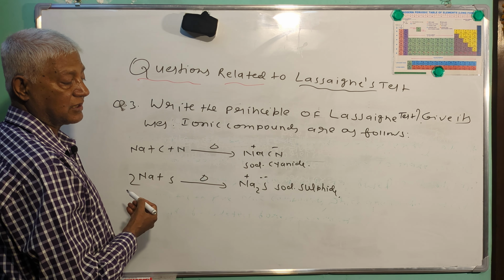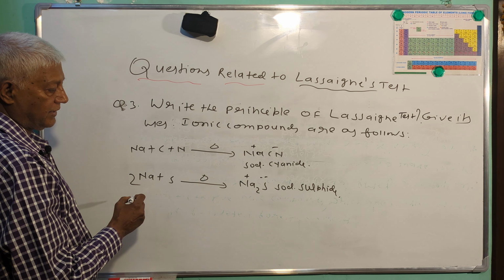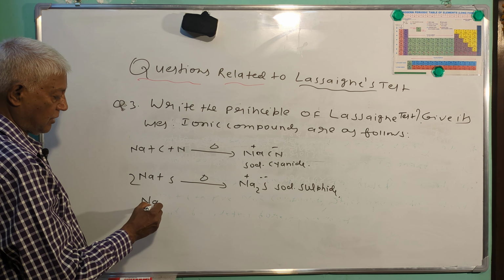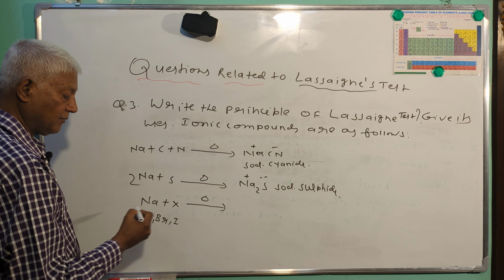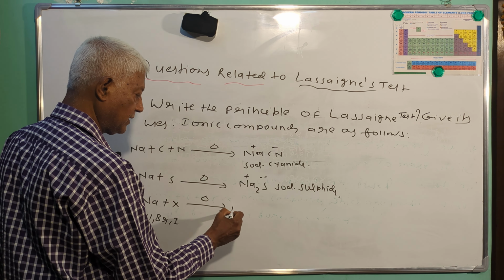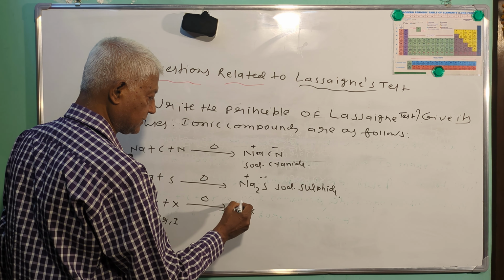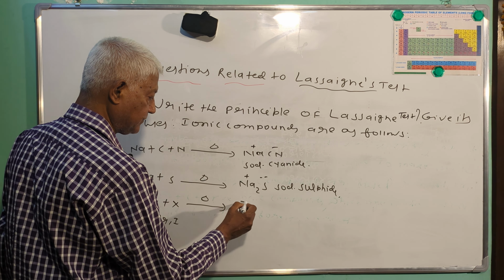Likewise, Na plus halogen, X means maybe chlorine, maybe bromine, maybe iodine. So we have NaX. X means halide, maybe chloride, maybe bromide, maybe iodide.